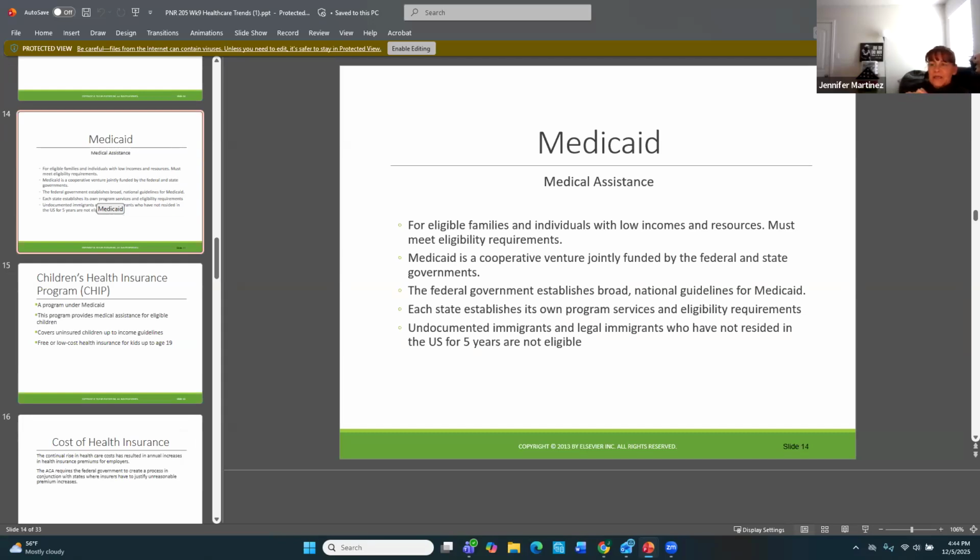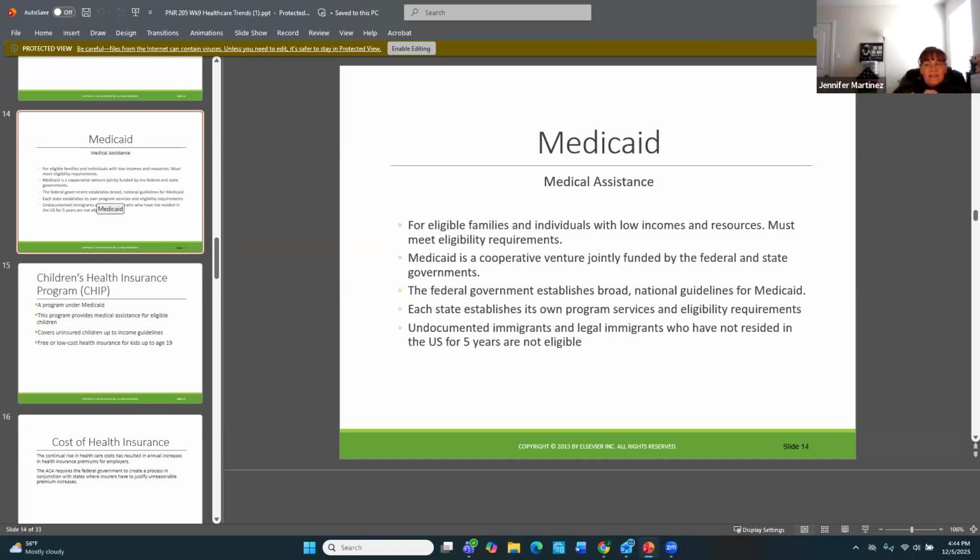So they have to meet those eligibility requirements. It is a cooperative venture, so it's funded not only by the state, but also by the federal government. The state runs its Medicaid program, but it does get some funding from the federal government.